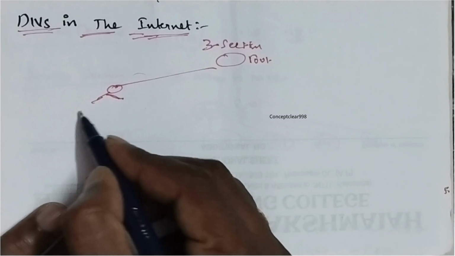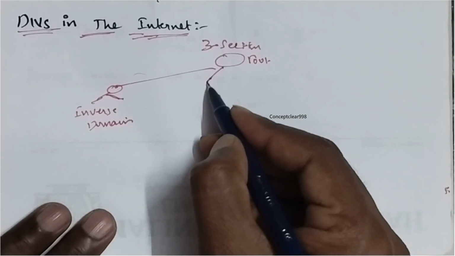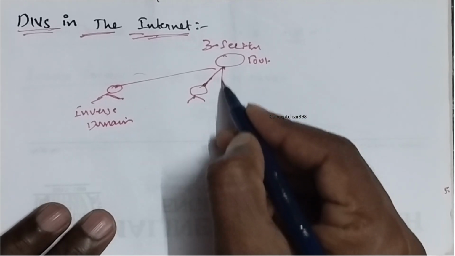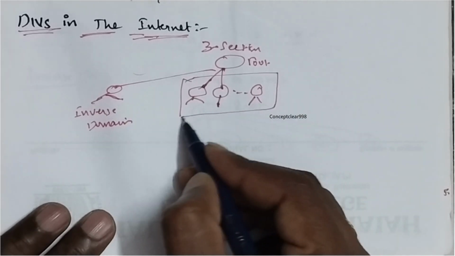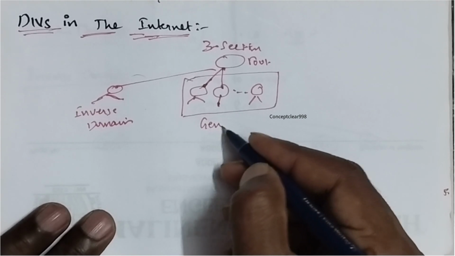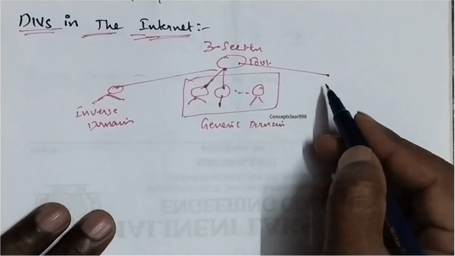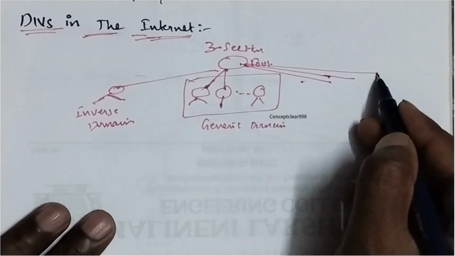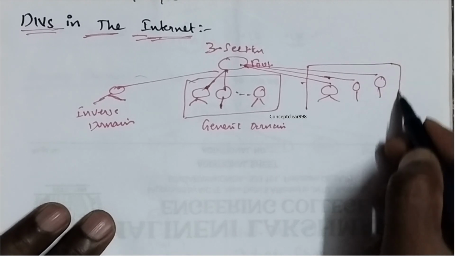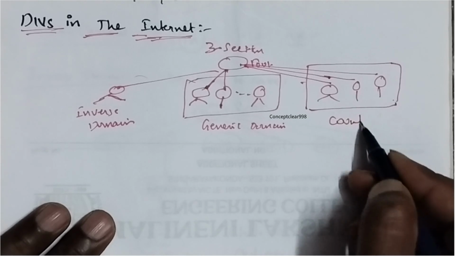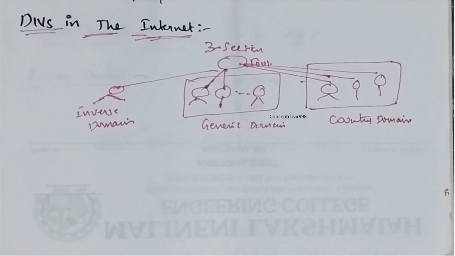This is the inverse domain, and the next one is these, all the generic domains, and one more is these, the country domains. Here we will see them one by one.